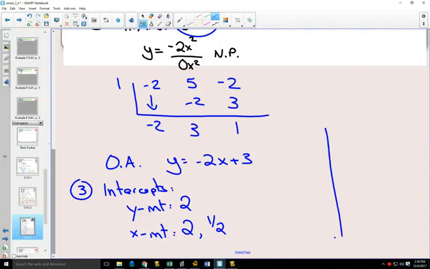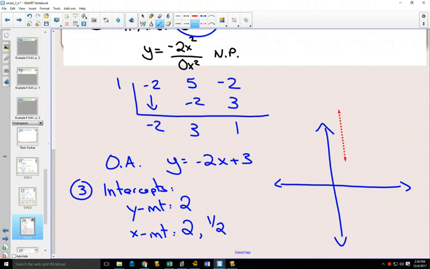So now when we go to graph, we'll see, do we have enough information to graph this completely? We know we have a vertical asymptote at x equals 1. We know we have an oblique asymptote at negative 2x plus 3. So what does that mean?